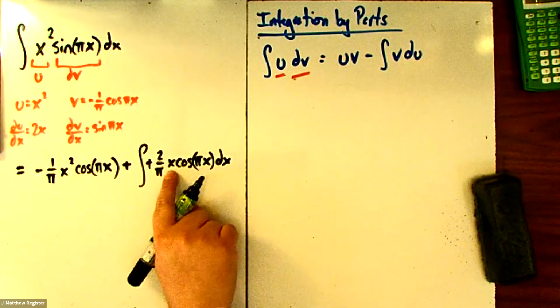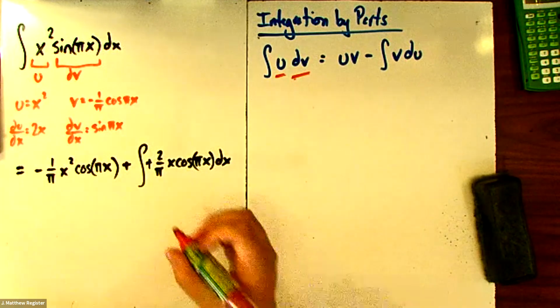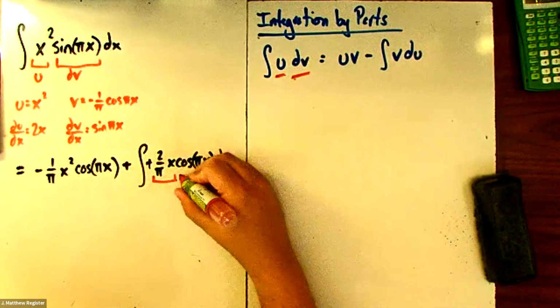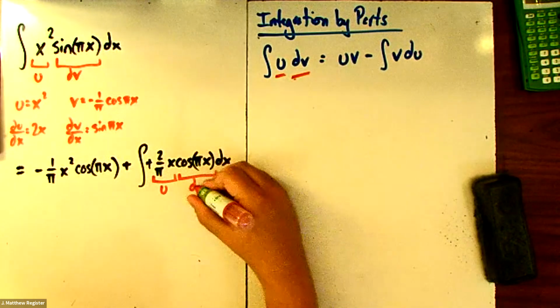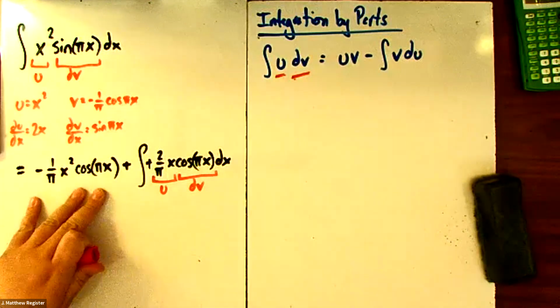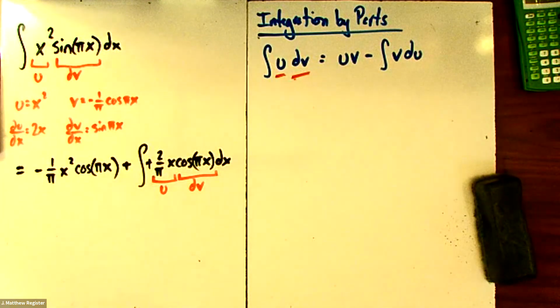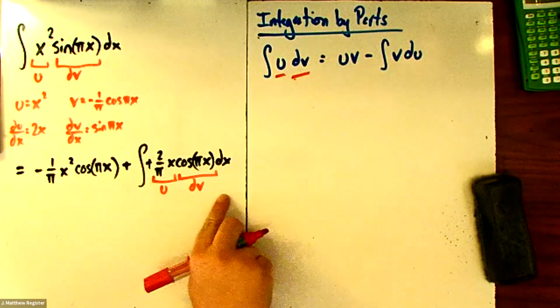The fact that this exponent decreased by 1 means that this is now something a little bit easier. And so let's repeat the process. We're going to let this be u, and this be our dv. This term is just going to hang out the entire way through now. But we can repeat this process by doing integration by parts for this term.